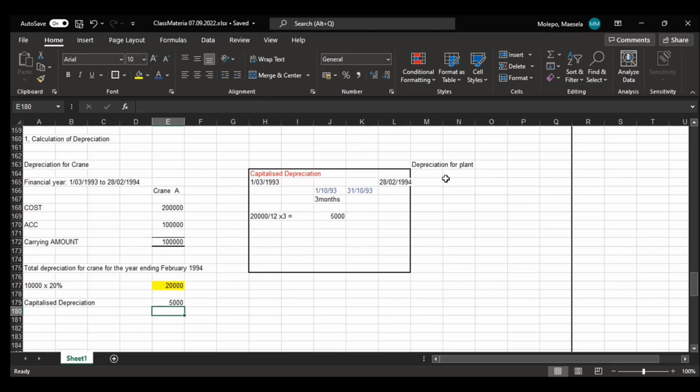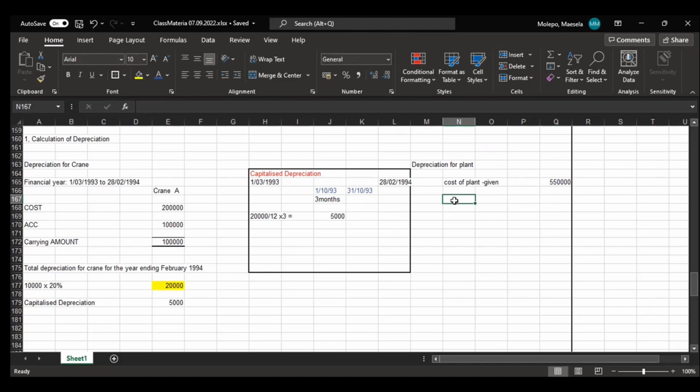Then the 5,000 is the depreciation that needs to be capitalized. Now let's do the plant. The cost of the plant given is 550.